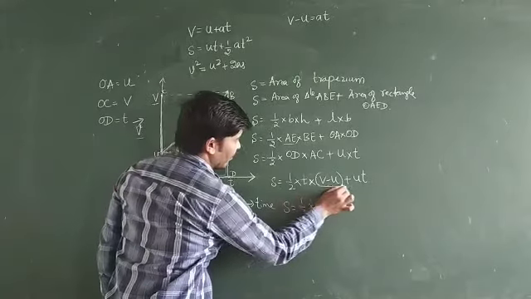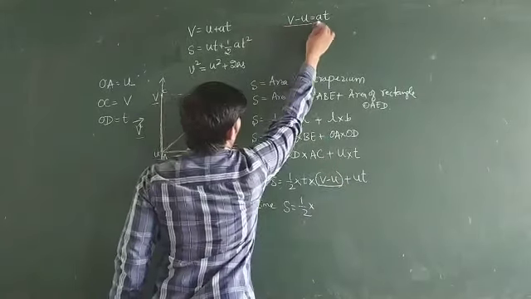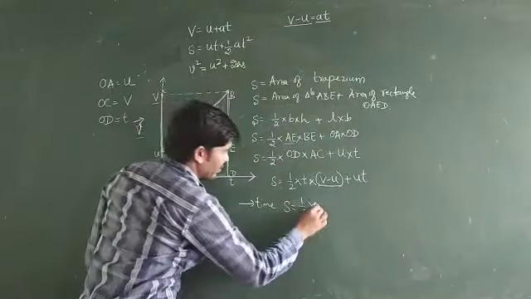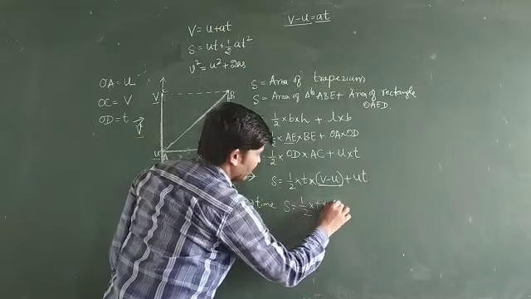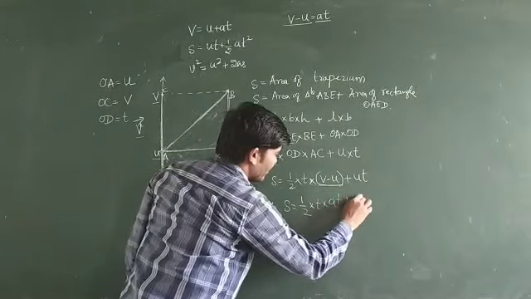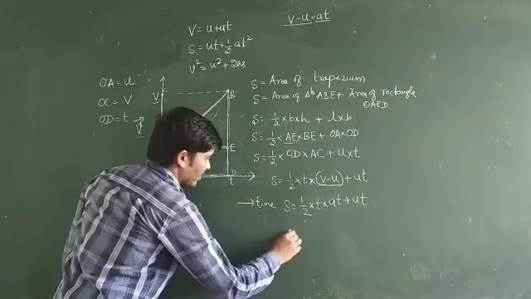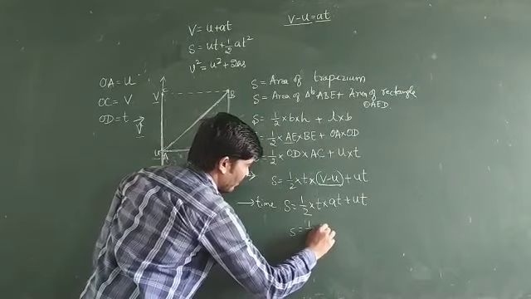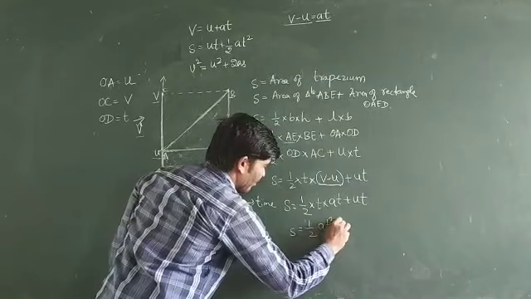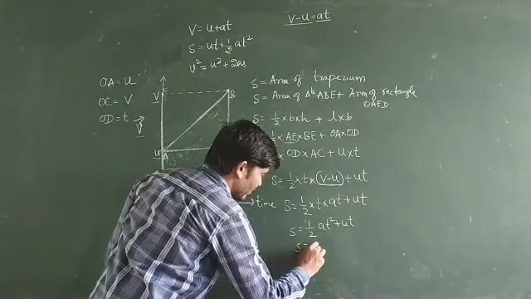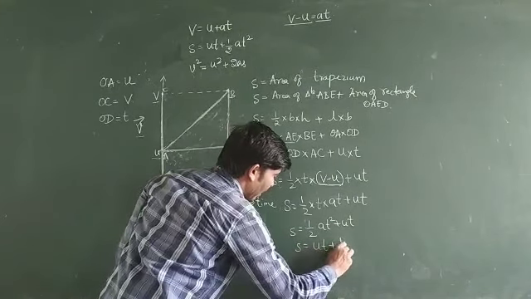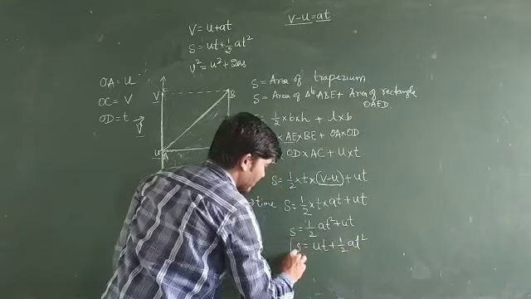So here in place of V minus U, what can we write? AT. So here T is there. S is equal to half, AT plus UT, multiplied by T. S is equal to half AT square plus UT, or it can also be written as UT plus half AT square.